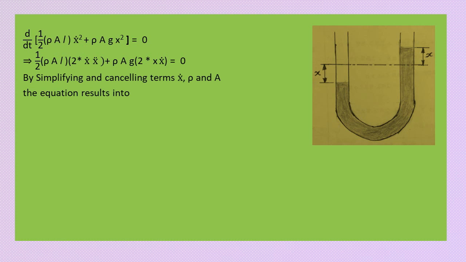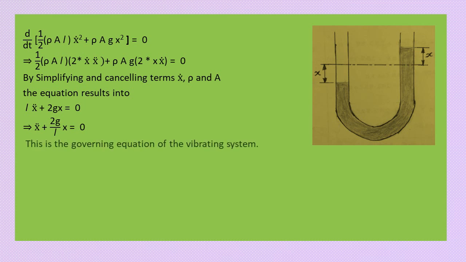By simplifying and cancelling terms x dot, rho and A, the equation results into L x double dot plus 2 g x equal to 0. It implies x double dot plus 2g by L x equal to 0. This is the governing equation of the vibrating system.